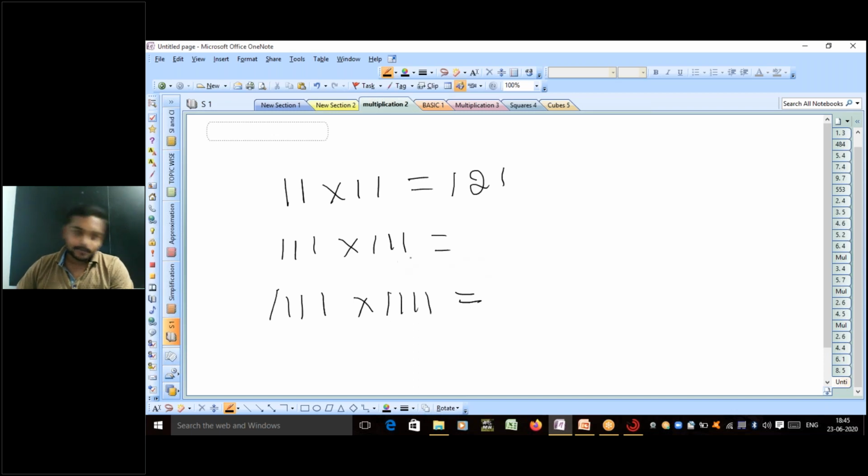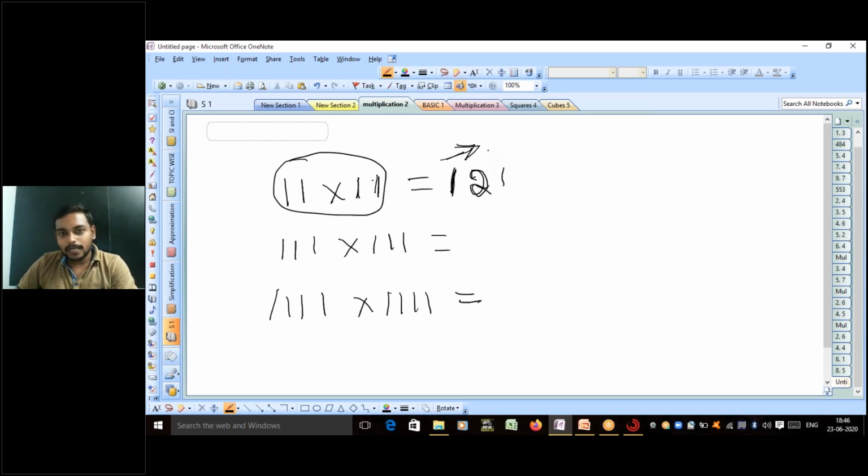So if you have a number with the same digit, it means 11 into 11, 111 into 111, 1111 into 1111. To get 121, you just have to start with the number 1, then write it in the increasing order. Since we have 2 digits, write up to 2, so 1 2.